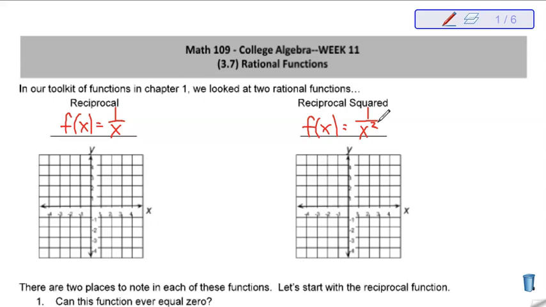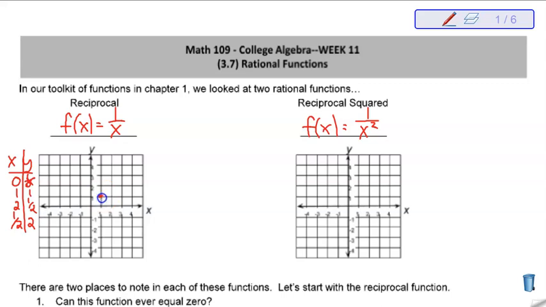Now, you can actually do a t-table if you want, where you plug in some values. If I try to plug in 0, I get 1 over 0, which is undefined. That can't happen. If I throw in 1, I get 1. If I throw in 2, I get 1/2. If you throw in 1/2, 1 over 1/2 comes out to being a 2.